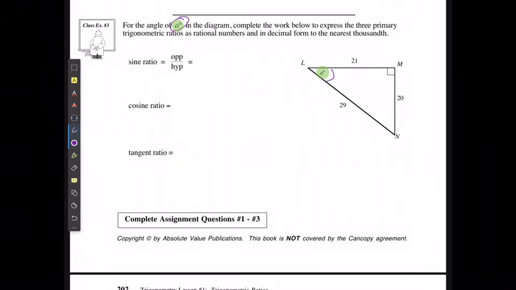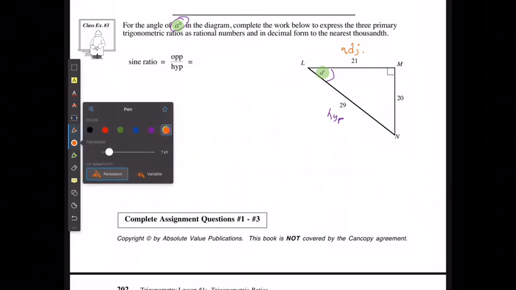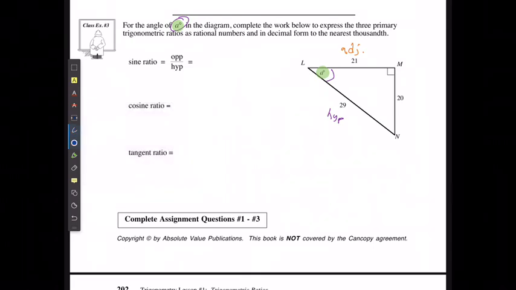Well, the longest side is still going to be my hypotenuse. The side that touches it is going to be my adjacent, and the side that doesn't touch it is going to be my opposite. I can always label this just to make sure I'm putting the right numbers in the right spots.